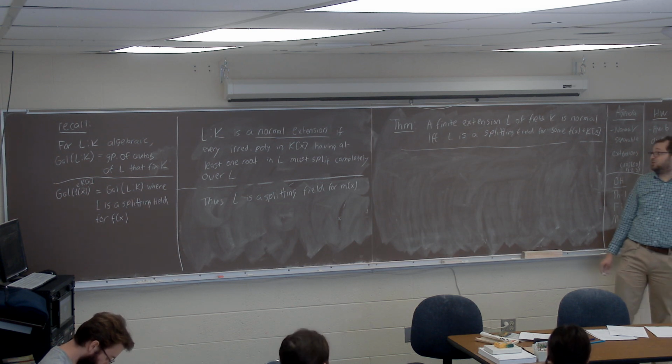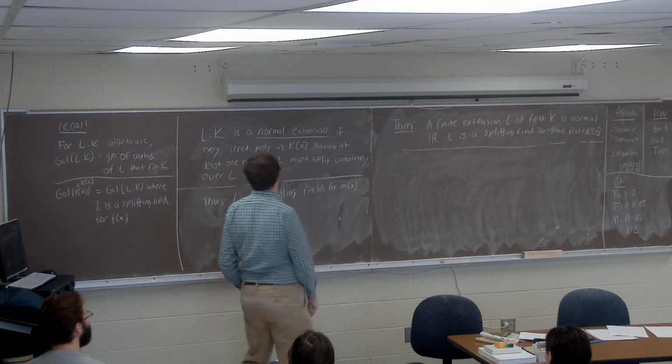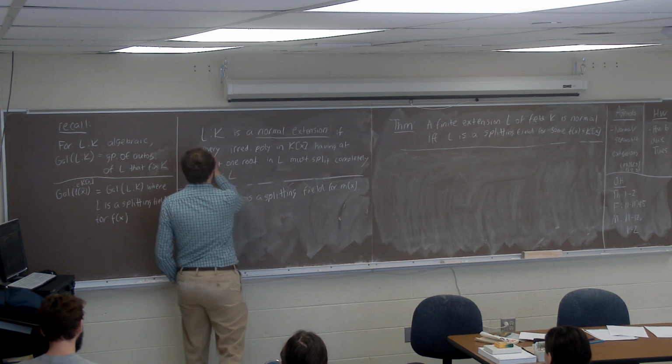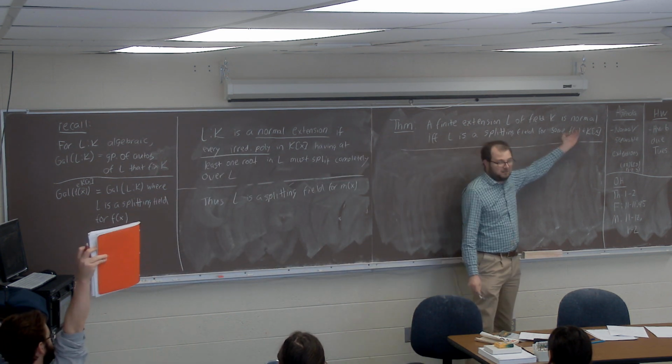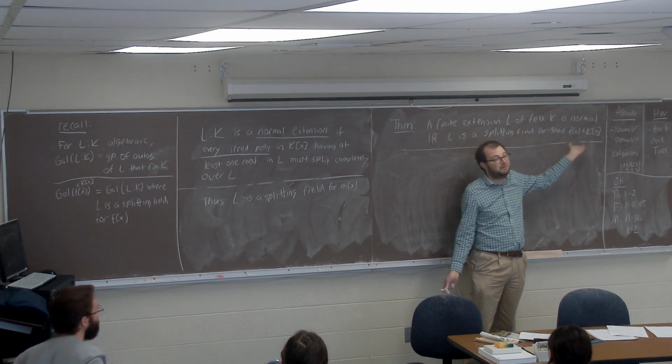The problem is, to show something's a normal extension, you have to show that every irreducible polynomial having at least one root in L must split completely over L. Every irreducible polynomial means we can't just show that it's true about f of x, which is obvious if it's a splitting field for f of x.